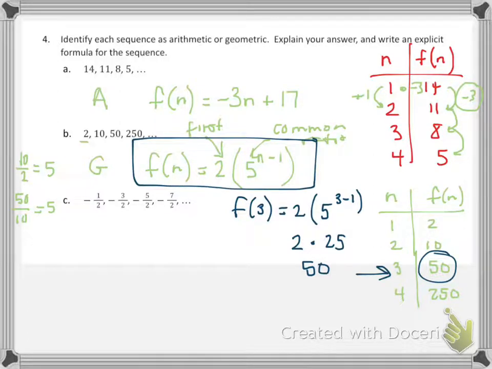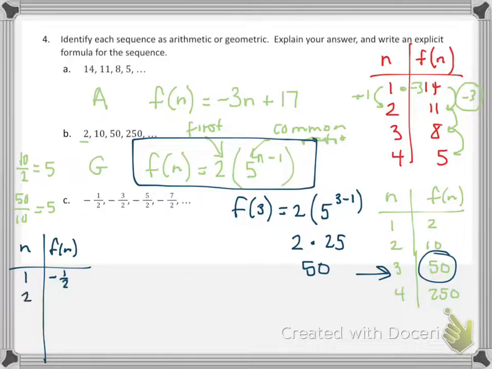All right, last one is the same kind of situation. It's geometric. It's arithmetic, isn't it? It's just we're subtracting 1 every time. So if I use a table, n, f of n, we get the first term is a negative 1/2.